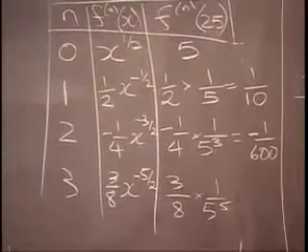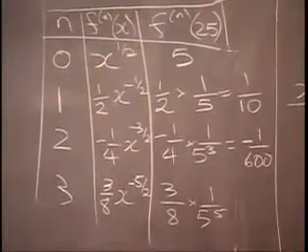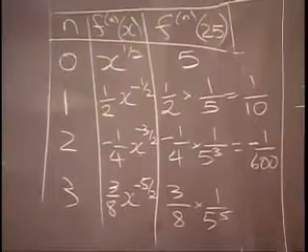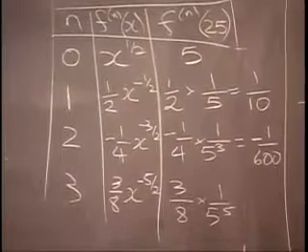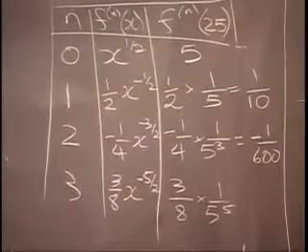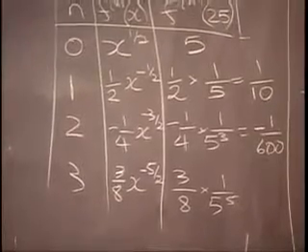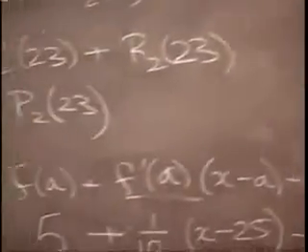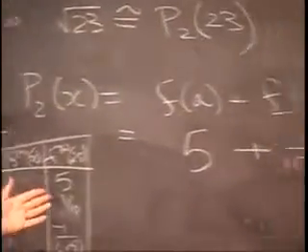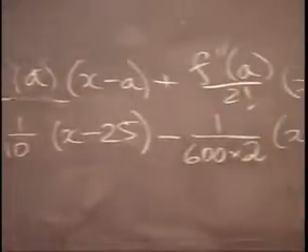I get 5 plus 1/10 x minus 25 minus 1 over 600 times 2 factorial is 2, x minus 25 all squared. So root x, this is a good approximation for root x, any x near 25.